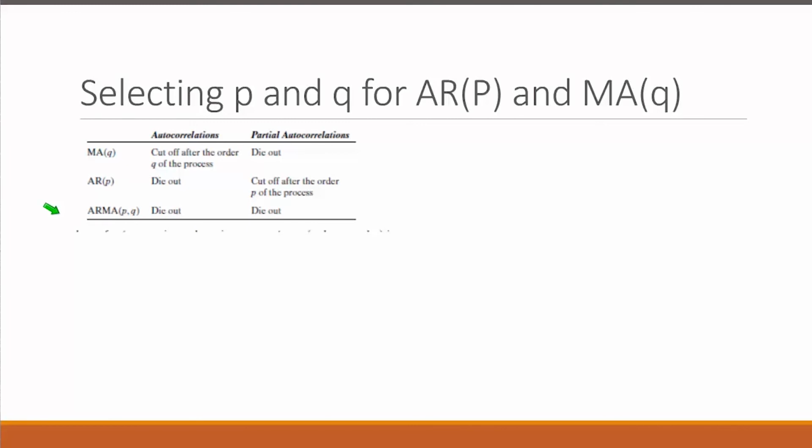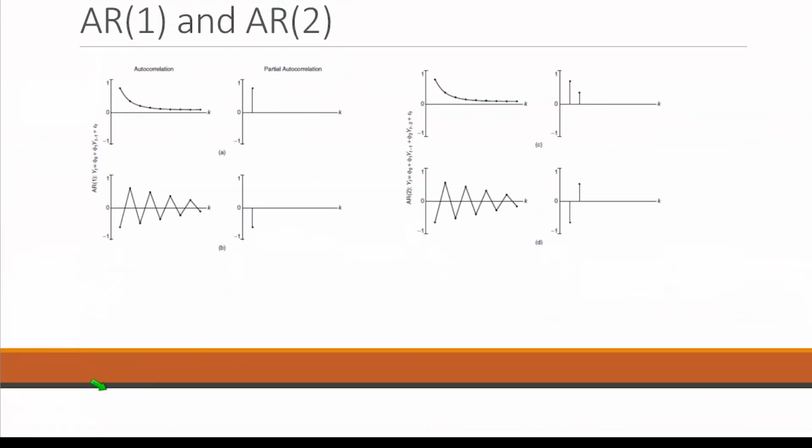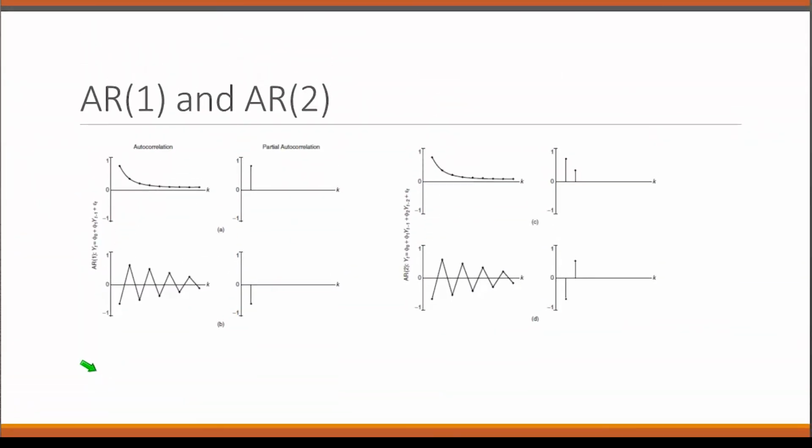After we talk about the whole concept, when you come back to the table, it makes more sense. So I'm going to skip this table for right now and show you this. I want to give you a general idea first before we move to Minitab. This slide shows you the scenarios for AR1 and AR2. How do we determine the level for AR? Is it 1 or 2 or 3? Here are the situations.